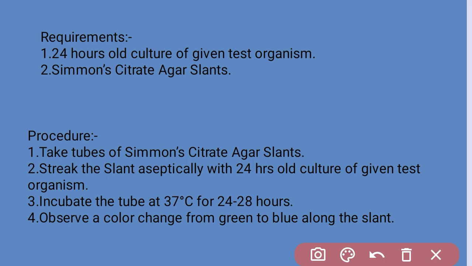The requirement for this test: a 24 hours old culture of the given test organism or a given water sample, and Simmons citrate agar slant. Here we can make use of another medium, that is Koser's citrate medium. But in Koser's citrate medium there is no pH indicator, and the interpretation of the test is on the basis of turbidity.